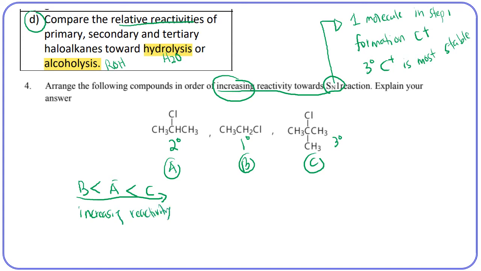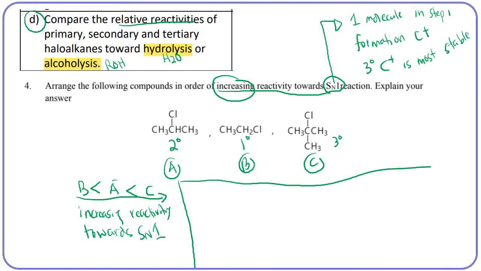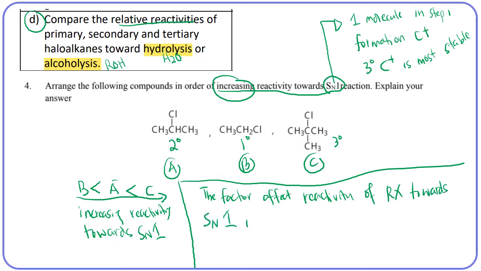Okay, so we write down increasing reactivity towards Sn1. So now we need to do the explanation. So you can mention that the factor affecting reactivities of haloalkane towards Sn1 is the stability of carbocation ion.